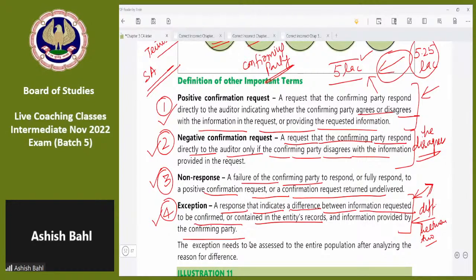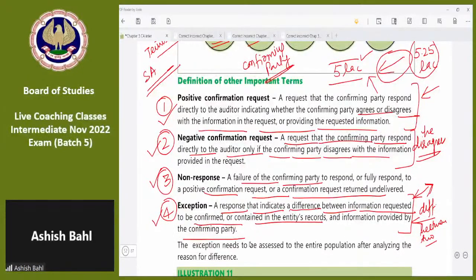Now non-response means when the other party says either it is not available, or it fails to respond to the positive confirmation request.